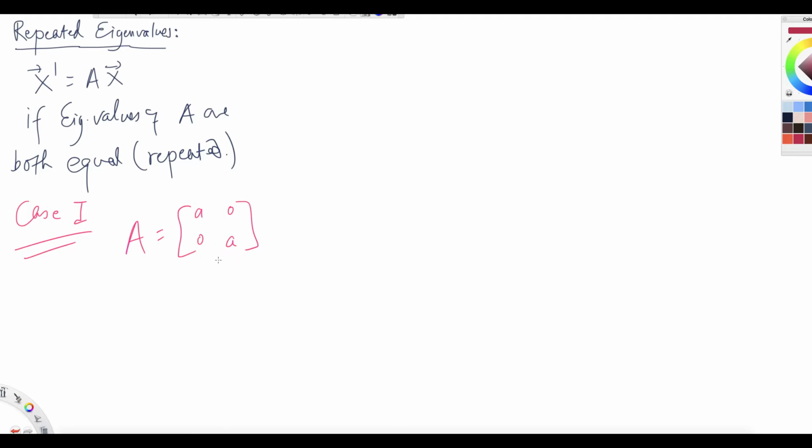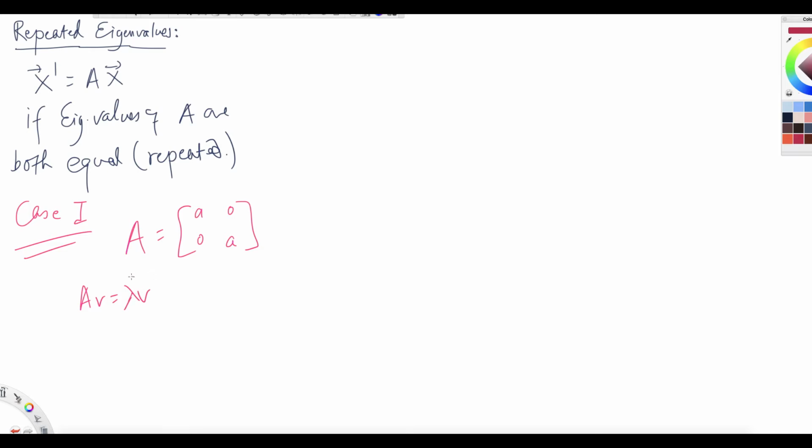And then the eigenvectors will be independent of each other. In this case, there will be two independent eigenvectors. The reason is whenever you try to solve Av equals lambda v, you will get the whole thing on the left-hand side, so you will get a 0 equals 0 kind of condition.